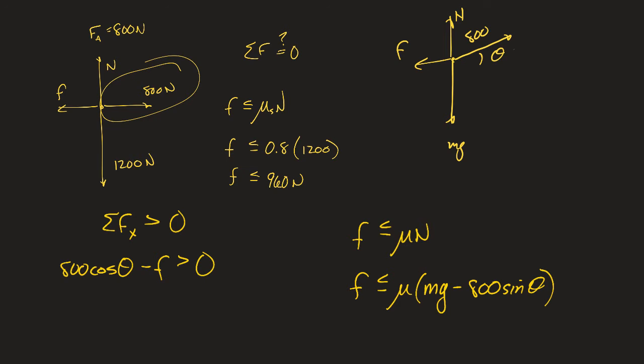Looking at this, I say we just sub it and see if it's true. Let's go ahead and assume maximum frictional force. Make the substitution and see if there exists an angle where that will be true. So 800 cosine theta minus mu times mg minus 800 sine theta greater than 0.